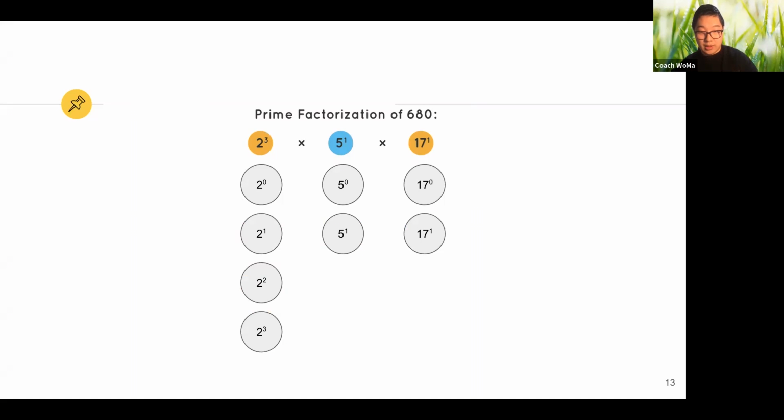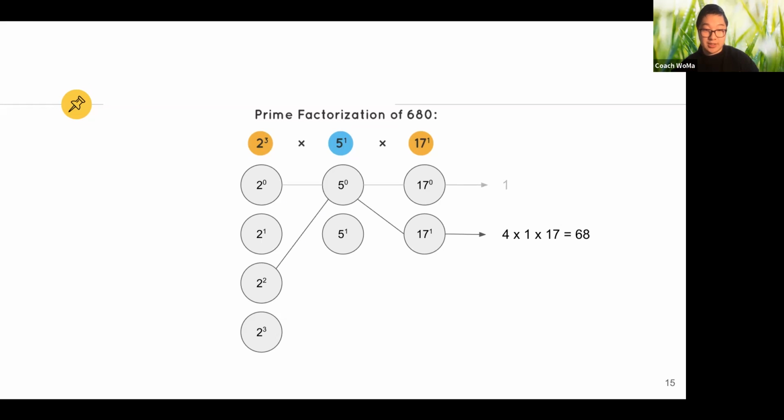So one way of thinking about this is you have 4 different possibilities for 2, 2 different possibilities for 5, and 2 different possibilities for 17. And every single combination of these choices for 2, 5, and 17 will create a different factor of 680. So for example, if you multiply 2 to the 0, 5 to the 0, 17 to the 0, those are all 1, right? So that's 1, and 1 is one of the factors of 680.